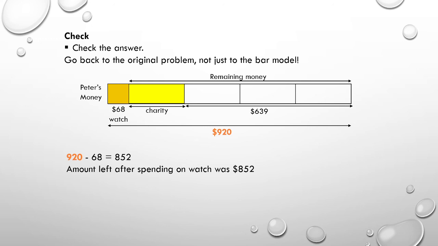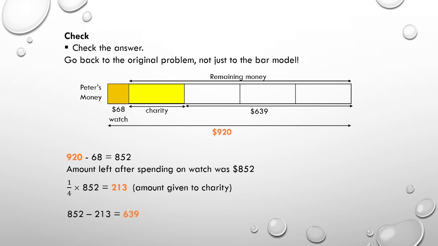And 1/4 of 852 ay ginamit niya, ay binigay niya para sa charity. So we should get or find 1/4 of 852. At yan po ay equal to 213. So yung kanyang binigay pala doon sa charity ay 213. And next to that is subtract 213 from 852.